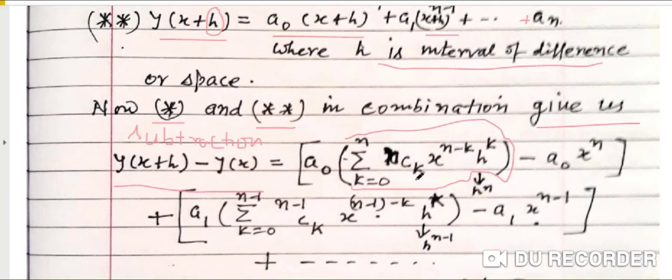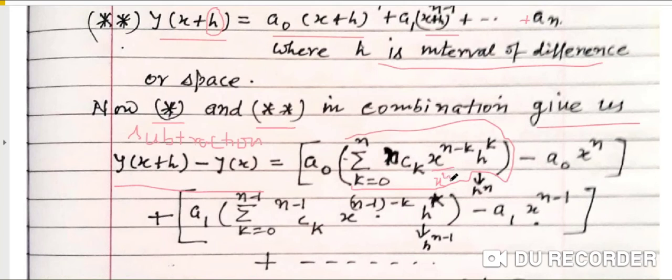Factorial n upon factorial 0 into factorial n minus 0. So factorial 0 as a numerator and factorial 0 as a denominator, and factorial 0 is 1. So the total is 1. Ultimately the first term is going to have x^n, the very first term I am talking about.